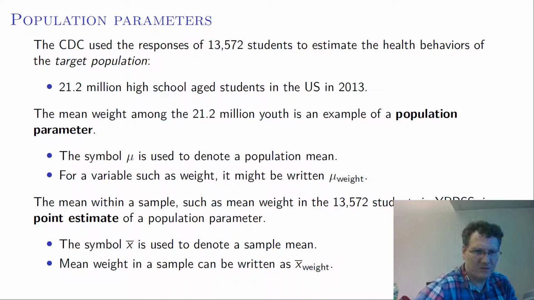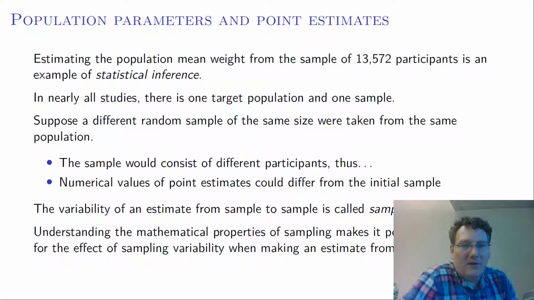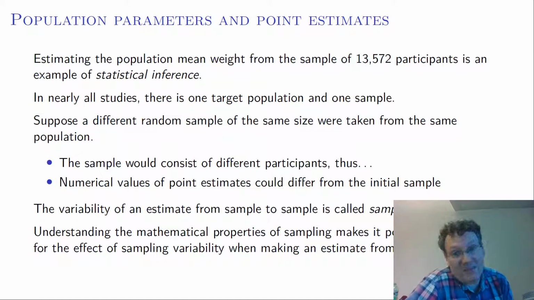That can be proved using mathematical statistics theory, but it turns out it is actually the best point estimate. So like I said, trying to estimate the population mean, which is a population parameter, from the sample mean, that's an example of statistical inference.